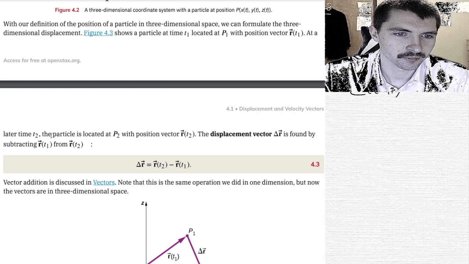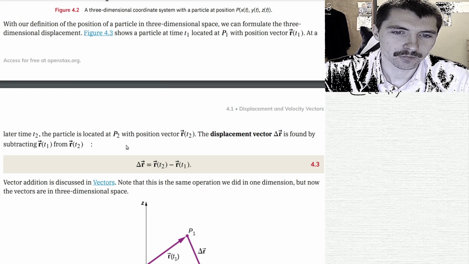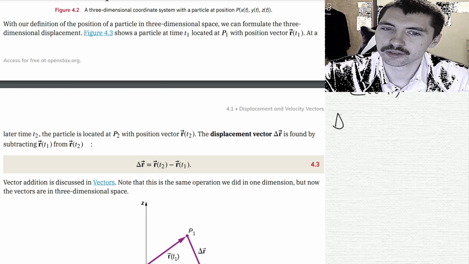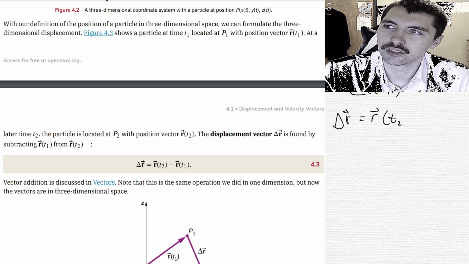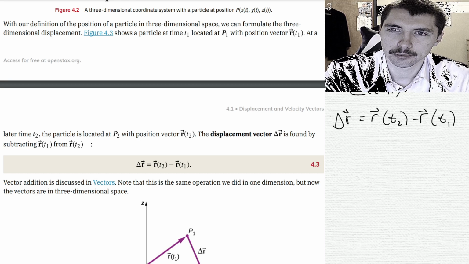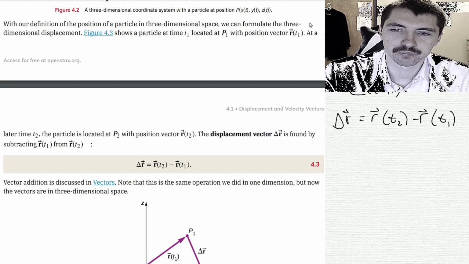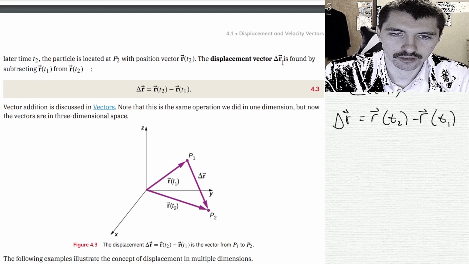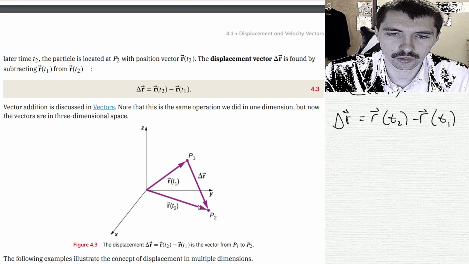So delta R is R t2 minus R t1. Okay. So 2 vectors coming from the origin.